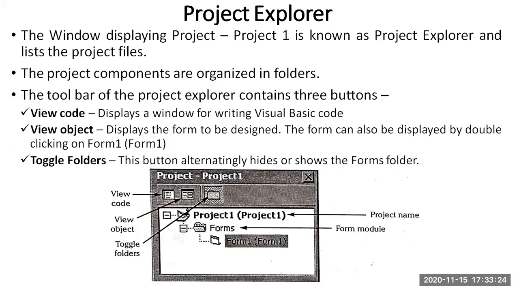View Code displays a window for writing Visual Basic code. View Object displays the form to be designed. The form can also be displayed by double clicking on Form 1. Toggle Folders alternates hiding or showing the form folder.